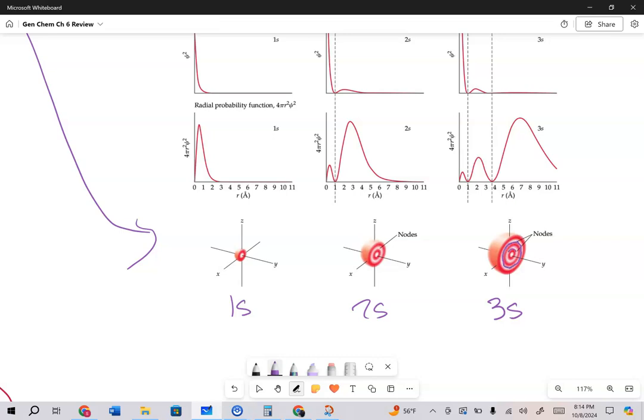Remember, we said a node is the place where you will not find an electron. So node equals no electron, if you will. It's like a no electron zone. Absolutely nothing is supposed to be found there as far as electrons are concerned.